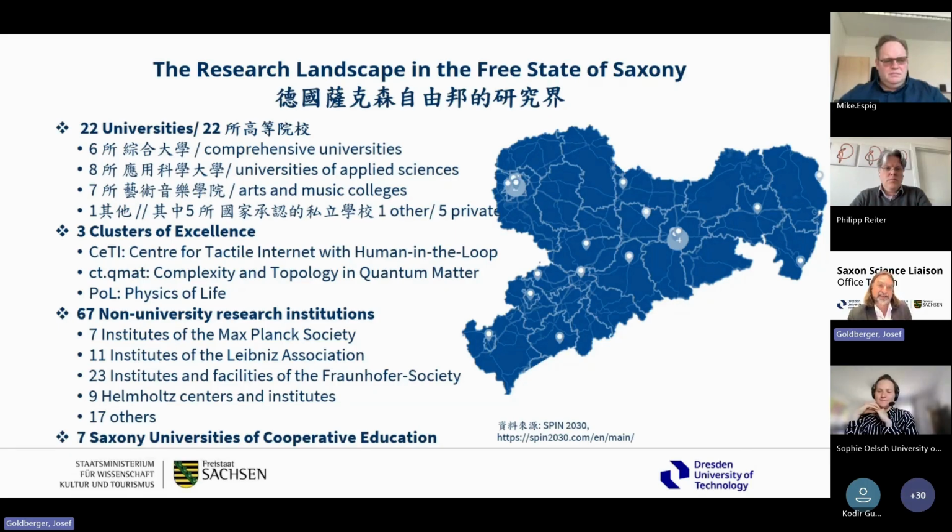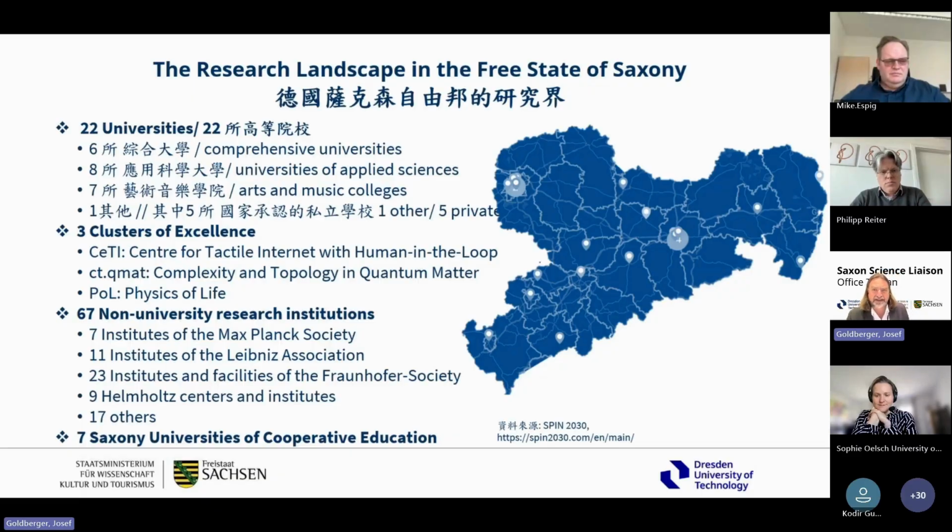We have 67 or probably even more now non-university research institutions. This is an extremely high number. Germany calls some of the most world-renowned research institutions its own, just like you maybe have heard of the Max Planck Society, Leibniz Association, Fraunhofer Society, Helmholtz Centers, etc. And they established 67 different research institutions.